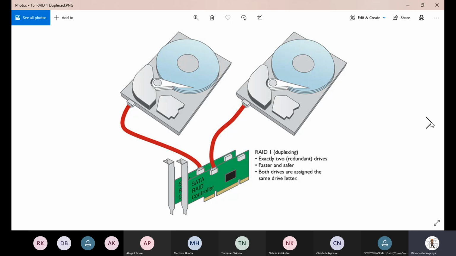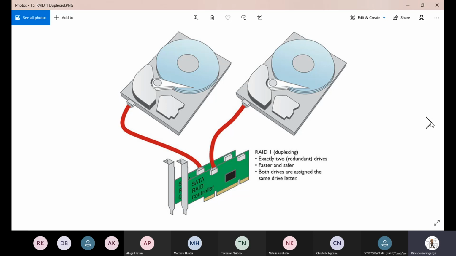But this one is a lot faster. Why? Because of the read-write process being associated with a dedicated controller for each of the drives. And naturally, both of those drives are assigned the same drive letter.